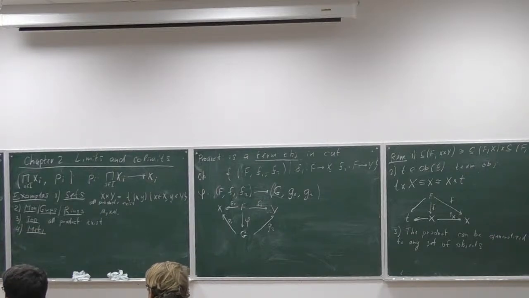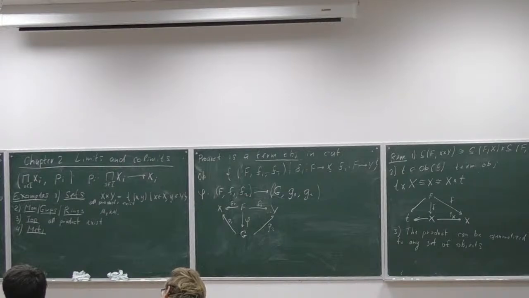So you have open sets in, okay, you take a product like this for opens, and then almost all of them are equal to the space, except finitely many. I think that's the standard definition of a product topology.